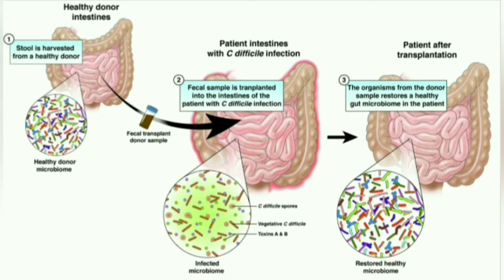After the stool is transferred from a healthy donor to an infected patient, there is restoration of a healthy microbiome. That is, the infected microbiome gets restored into a healthy microbiome. This is the process of FMT, that is fecal microbiota transplants.